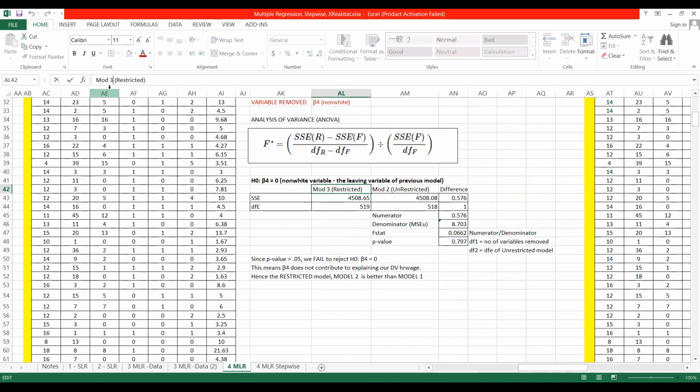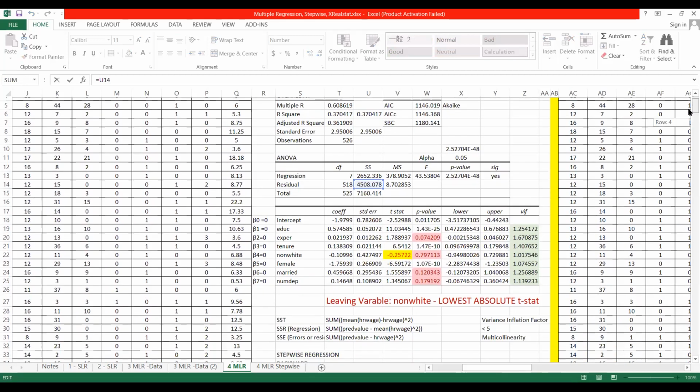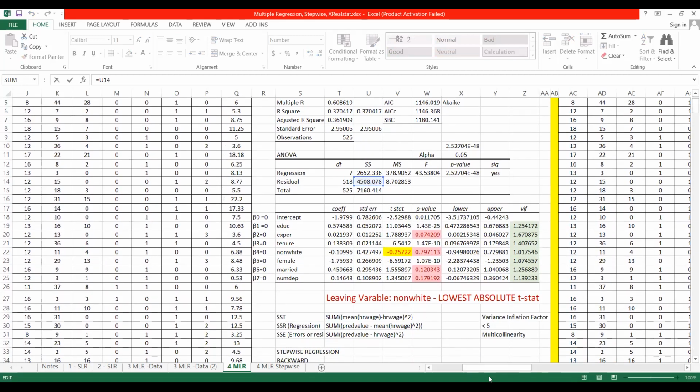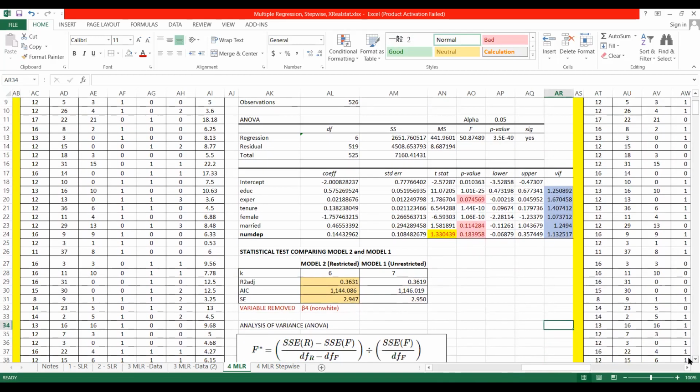This is model 2 and this is model 1. Apologies. Okay, model 1's SSE. It came from here earlier. So everything, guys, is already computed.